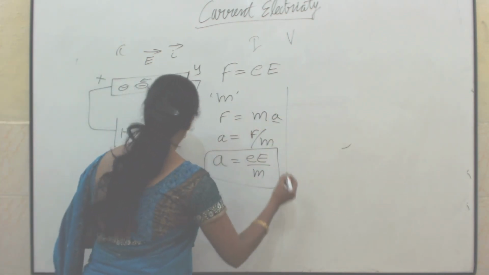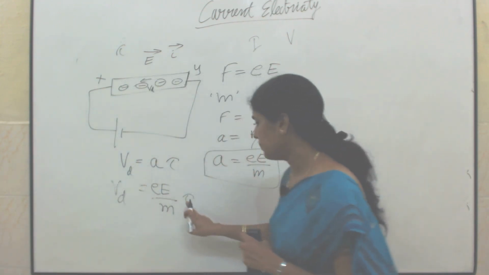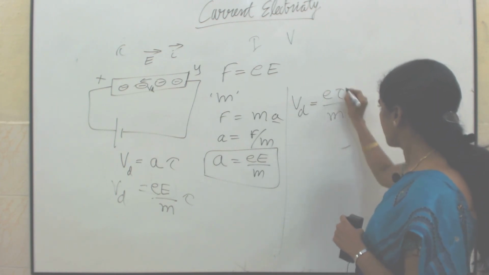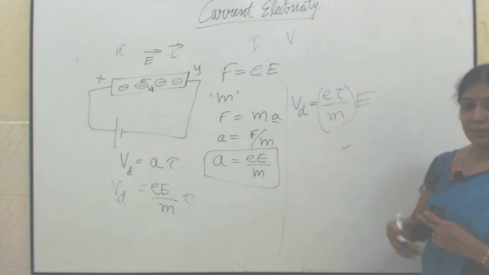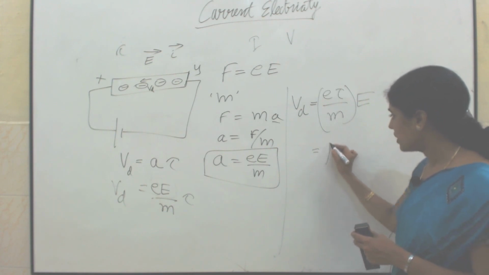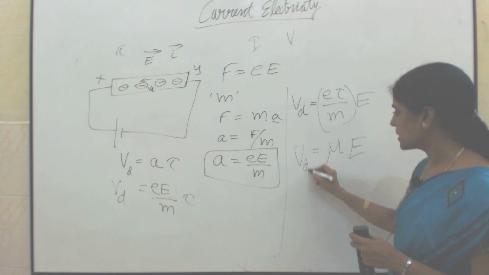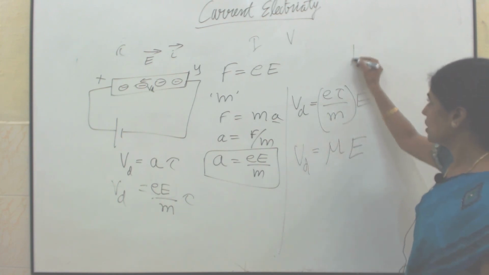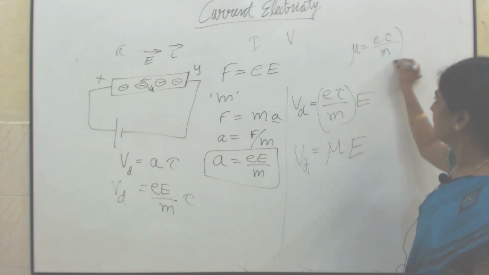Now this vd, I can also write as e tau by m into E. This one remains the same or constant, and this quantity I will call the mobility of the electrons, mu. So here mu equals e tau by m, and vd equals mu E.